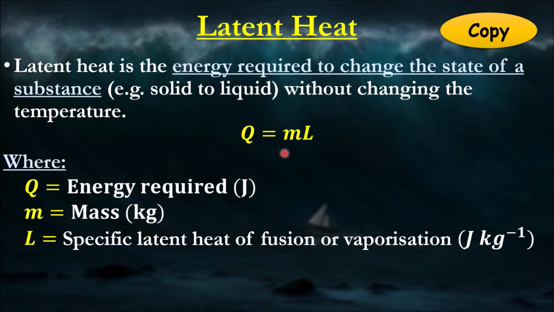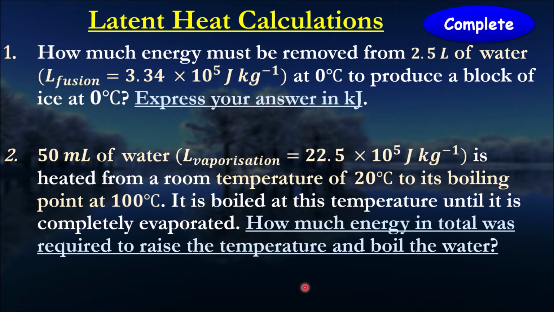So this is the formula we have here. m represents the mass in kilograms, capital Q represents energy in joules, and L is the specific latent heat. That's a constant value based on whatever material you use. Okay? In any exam question, they would just give you that value, so not to worry if you're not sure where to apply it. Let's try a couple of questions.